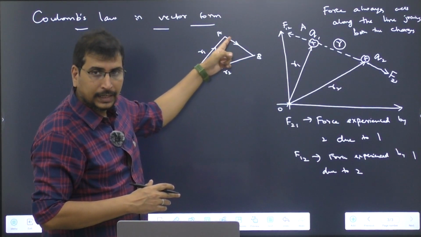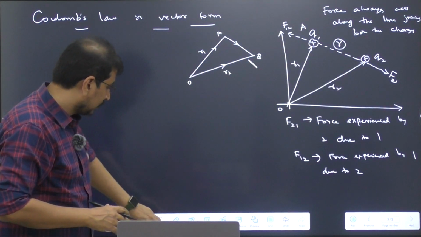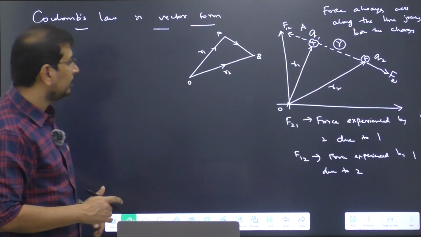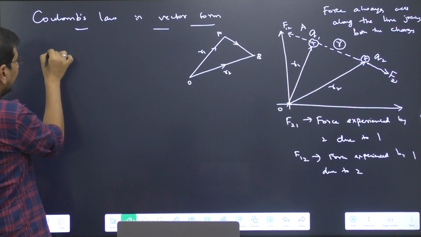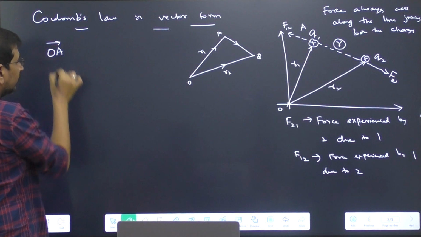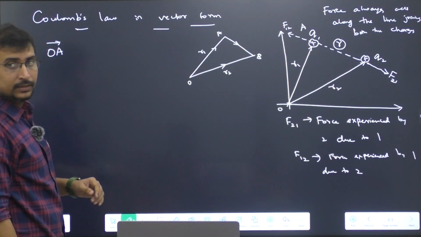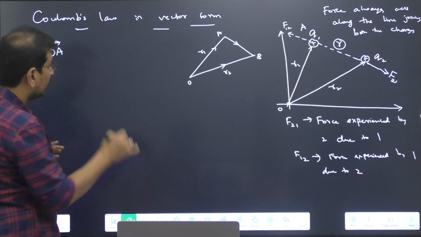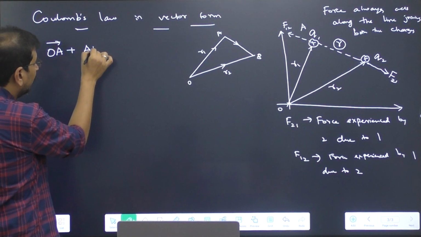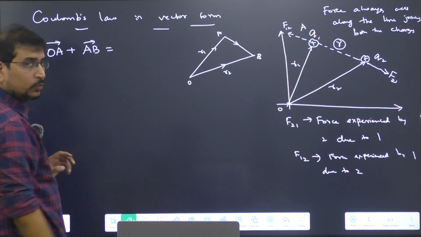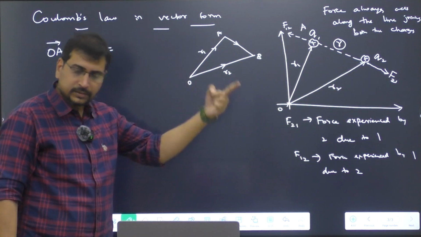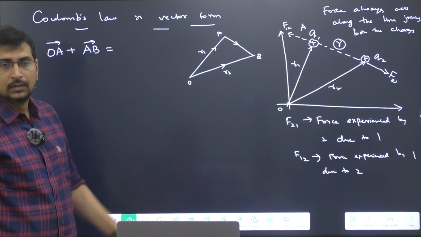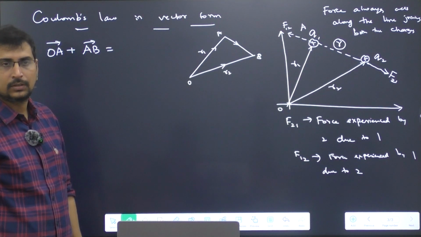OA vector and AB vector, right? So the triangle law of vectors states that the vector sum of the sides in order, OA vector plus AB vector, is equal to the closing side, the third side of the triangle, taken in the reverse order.